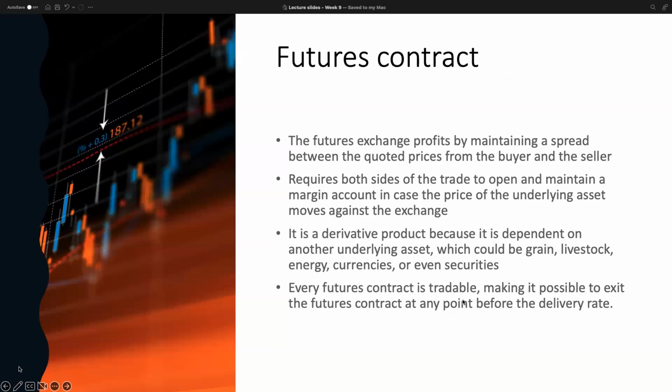Every futures contract is tradable, meaning you can trade futures contracts on the markets just like a stock. So it is possible to exit futures contracts at any point in time before the delivery date, and most people do that for hedging purposes.